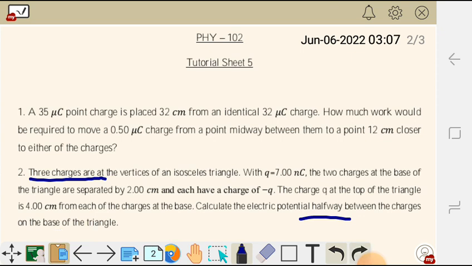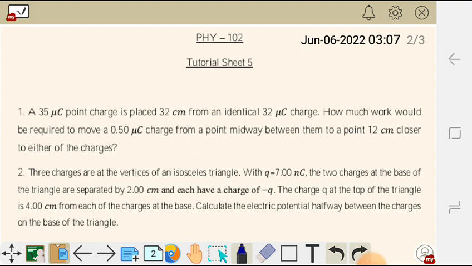So to answer this question, you first need to draw a free body diagram which illustrates what the question is saying. We have 3 charges here, and they are at the vertices of an isosceles triangle.